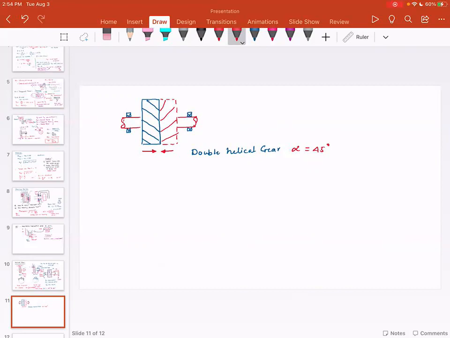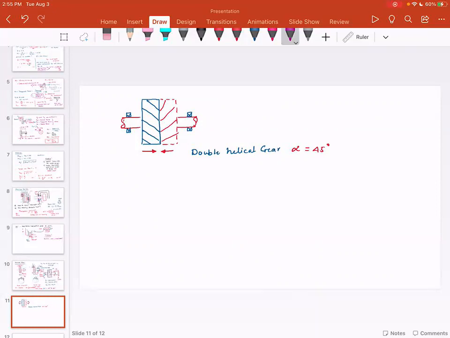How strong should the gear be? Is axial force desired, or should axial force be minimized? So there are various ways you can see the gears. But usually when you look at power transmission, you will see combinations of spur gear and helical gear.